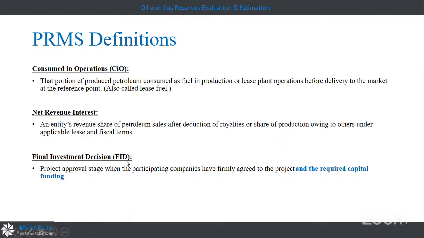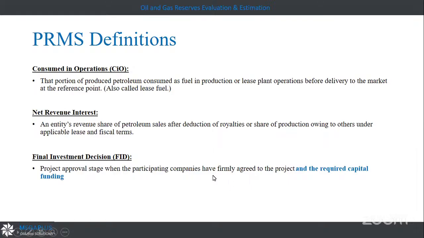And here, the final investment decision, the last definition that I will mention, is very important. This is how the company can announce its final investment decision. According to the PRMS, it is the project approval stage, when the participating companies have firmly agreed.